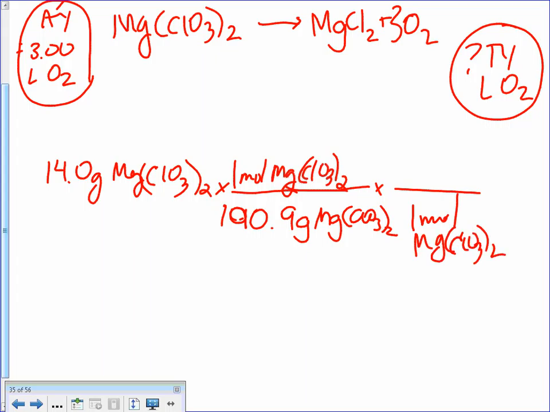And how many oxygens are there? 3 moles of oxygen. Okay, Nicole, what's my last step? Because I've gotten to moles of magnesium chlorate, that's been taken care of. I'm in moles of oxygen. I need to get to liters of oxygen. So mole oxygen on the bottom, and then what's my liter conversion?